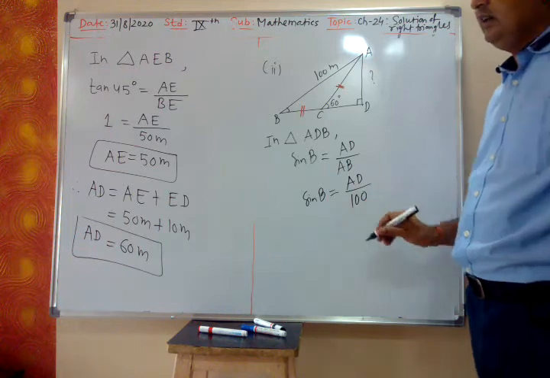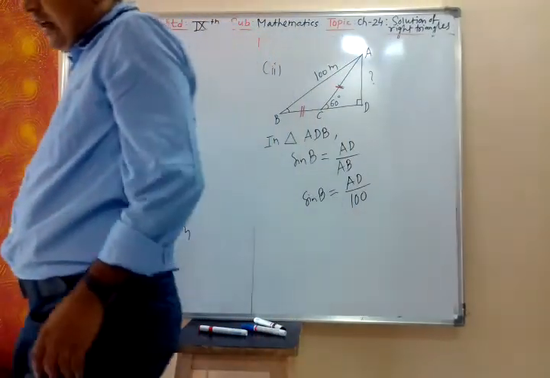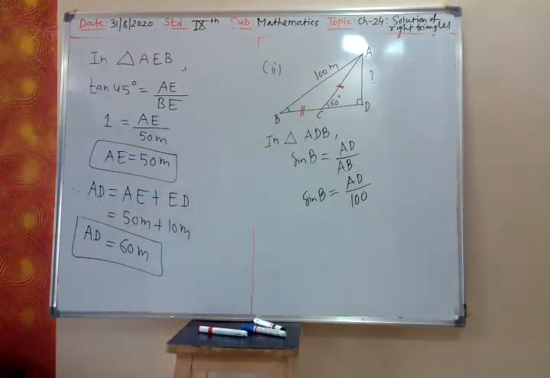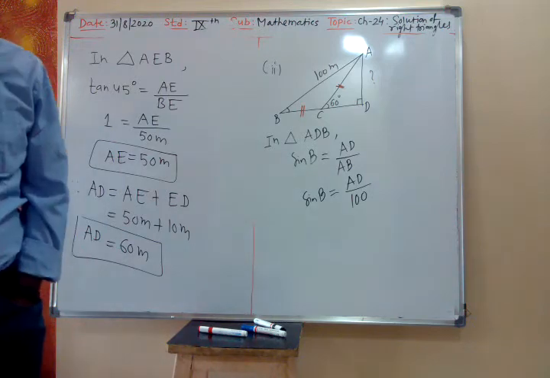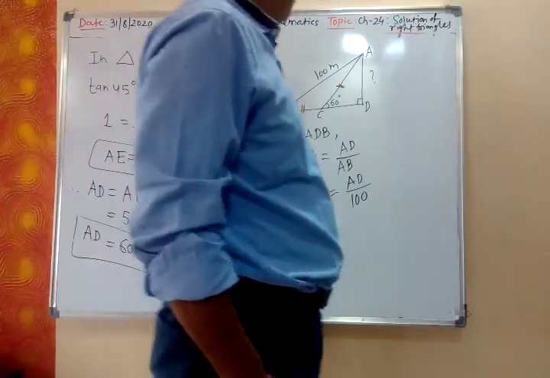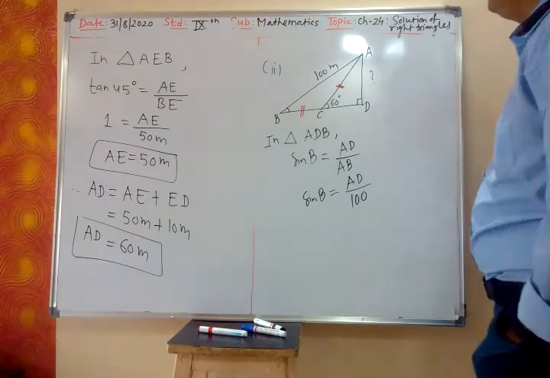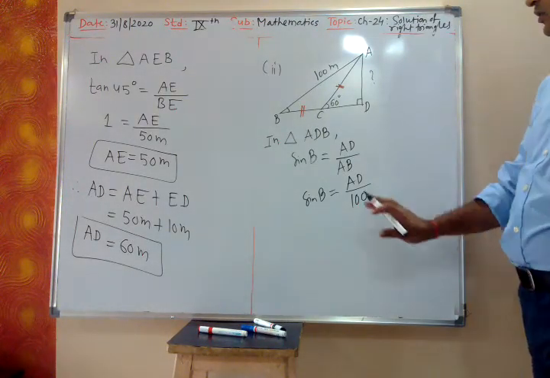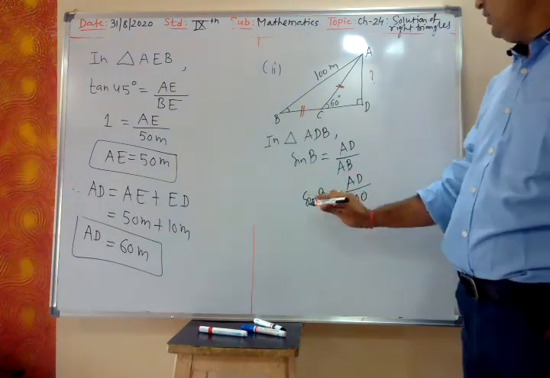AB is 100. So sine B is equal to AD upon 100.